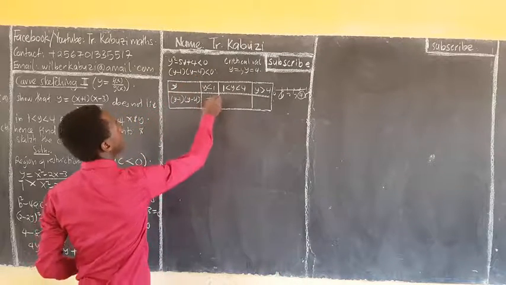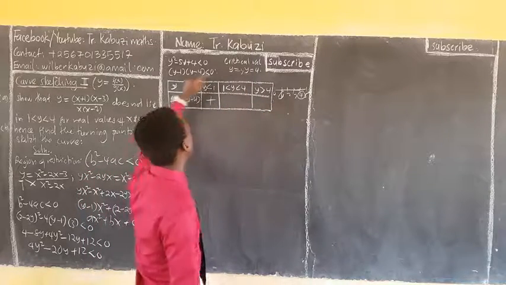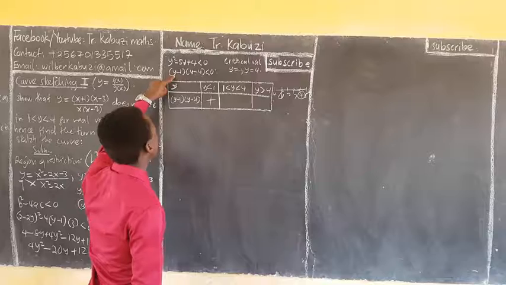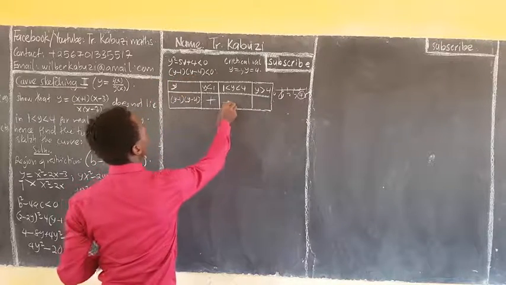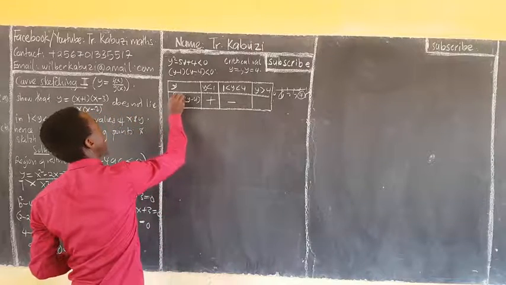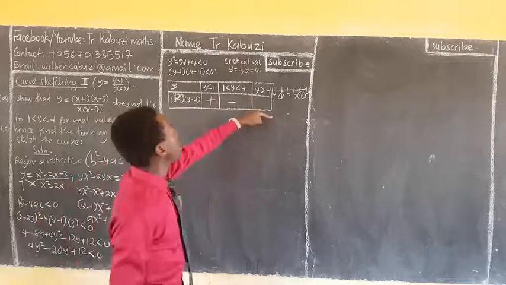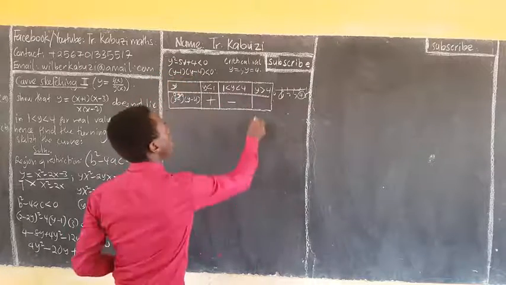I'm interested in the sign. Between 1 and 4, there is a 2. If I put 2 here, I have a positive 1 here and negative 2 here, which will give me negative. I'm interested in the sign of this. Above 4, if I put here 5, I'll get a positive times a positive, which will give me positive.